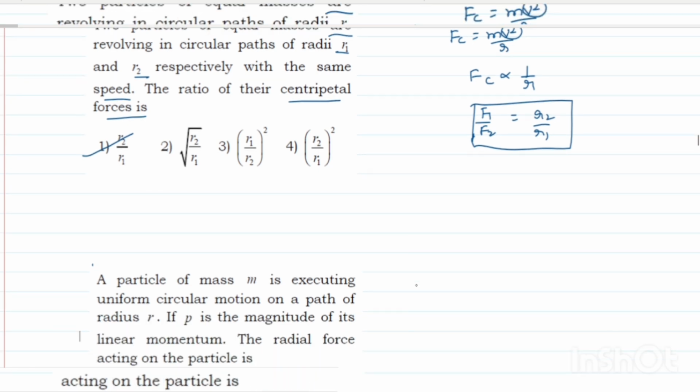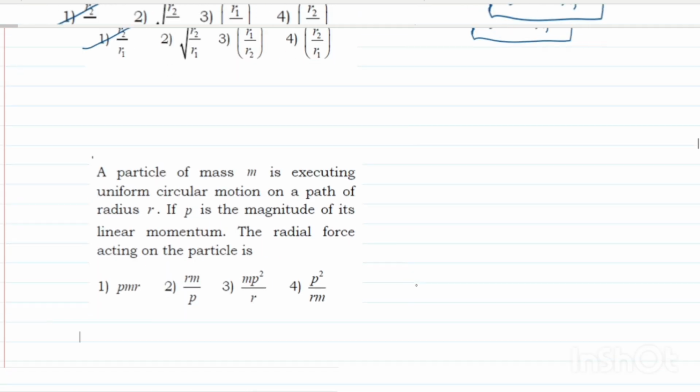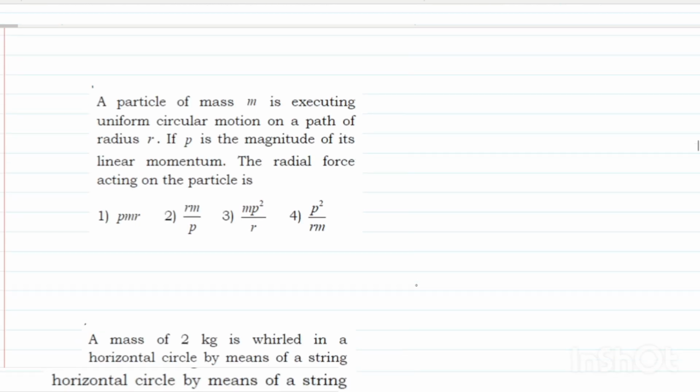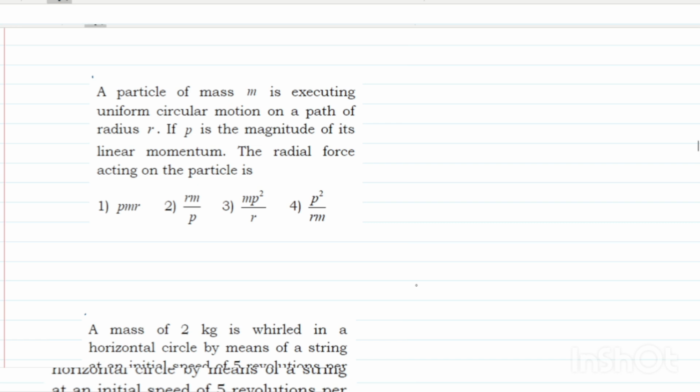Let us see the next question. A particle of mass m is executing uniform circular motion on a path of radius r. If p is the magnitude of its linear momentum, then they are asking for the radial force, which is nothing but the centripetal force. The formula in terms of linear speed is mv square by r. You know the relation between momentum and velocity, p equal to mv.